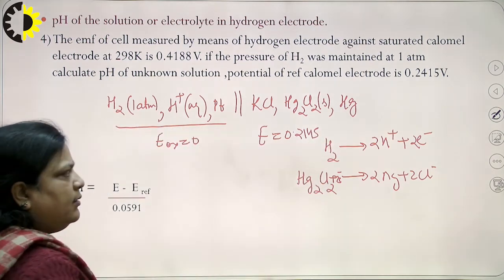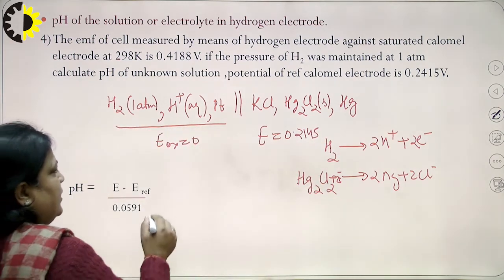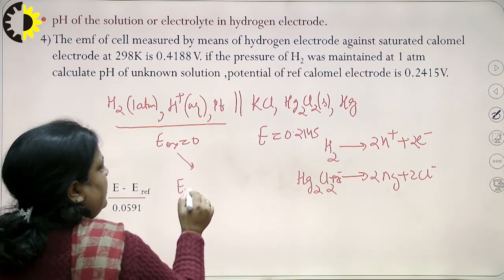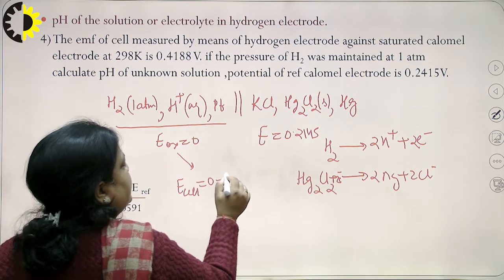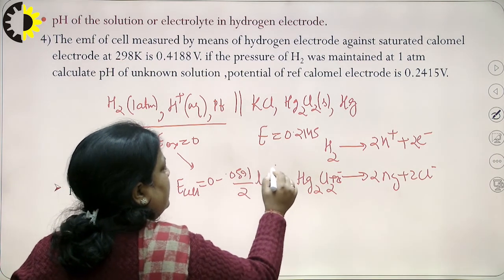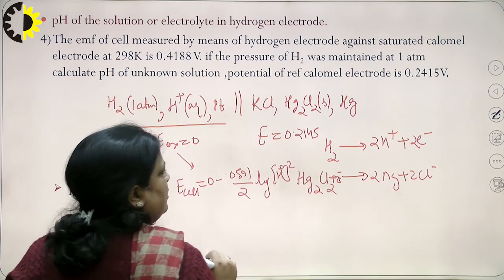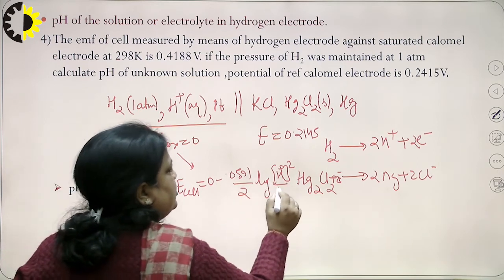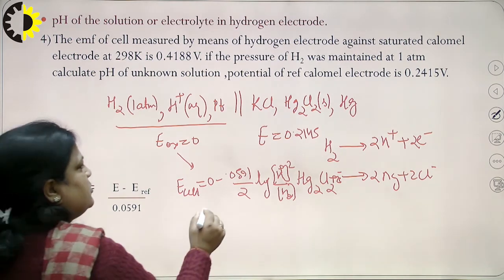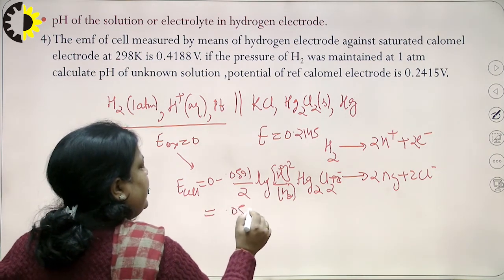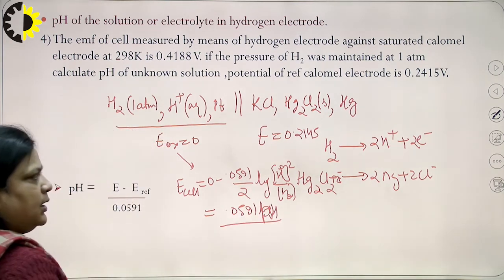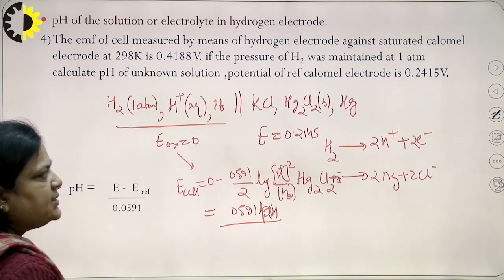So, E cell we can find, and when we find the pH, for this we can say E cell is equal to 0 minus 0.0591 upon 2 log of H plus square and then upon H2, and minus log H plus is equal to pH. So, we can say 0.0591 pH, and we know that E cell is equal to E cathode minus E anode.